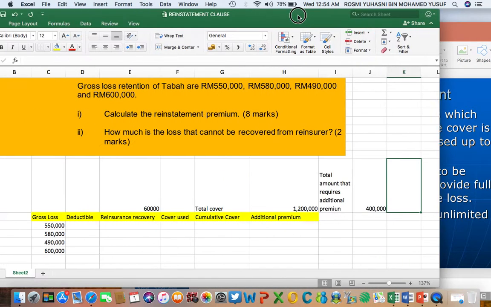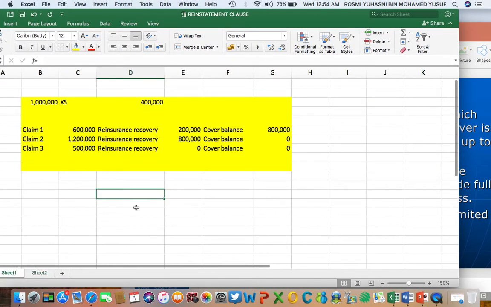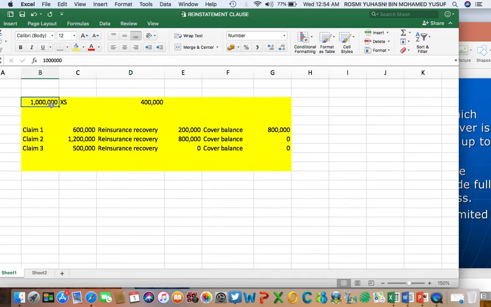For example, let's say the original cover is 1 million and the deductible is 200,000. Let's say there is claim number one, the first claim for that year. So this 1 million cover is available for 1 year.